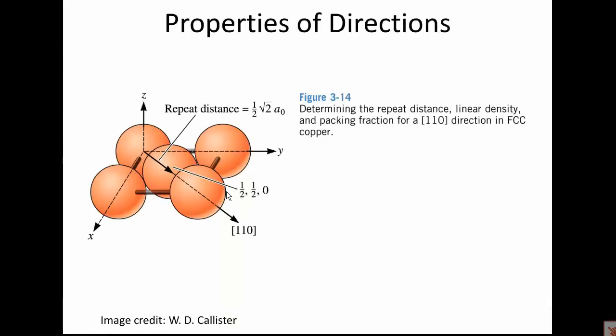Here is an illustration of the properties of directions in the FCC lattice. If we look at the 110 direction, we can calculate what the repeat distance is, which is the distance between the atoms.